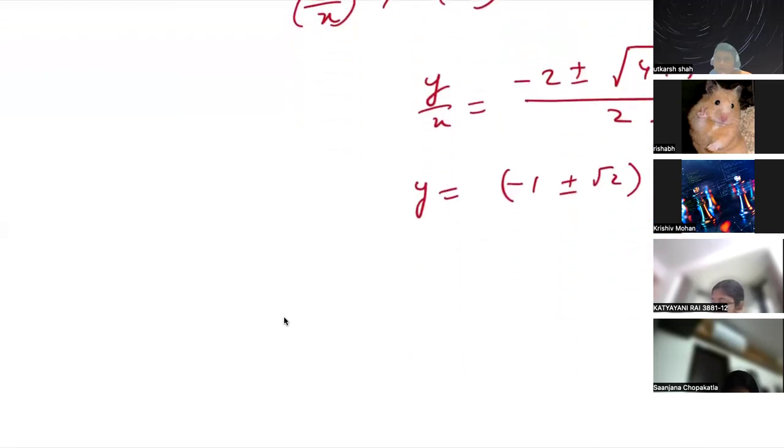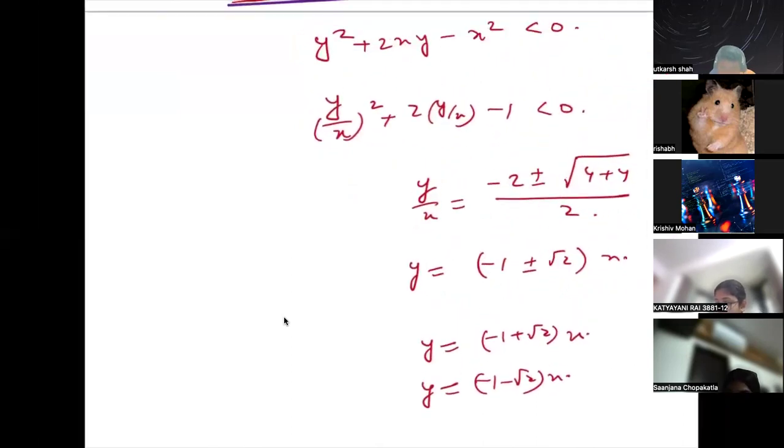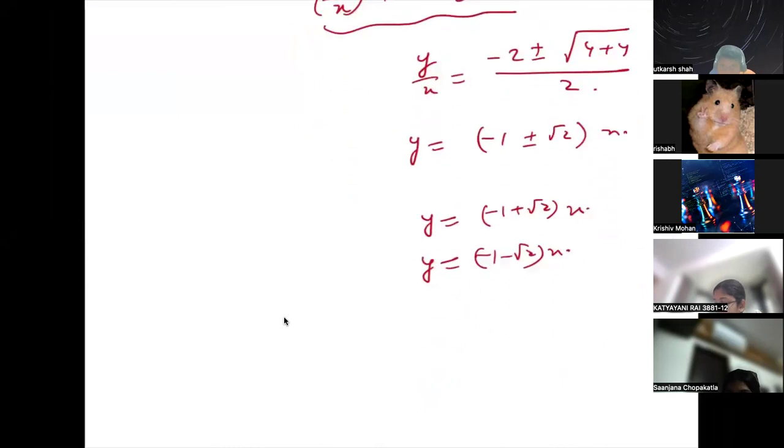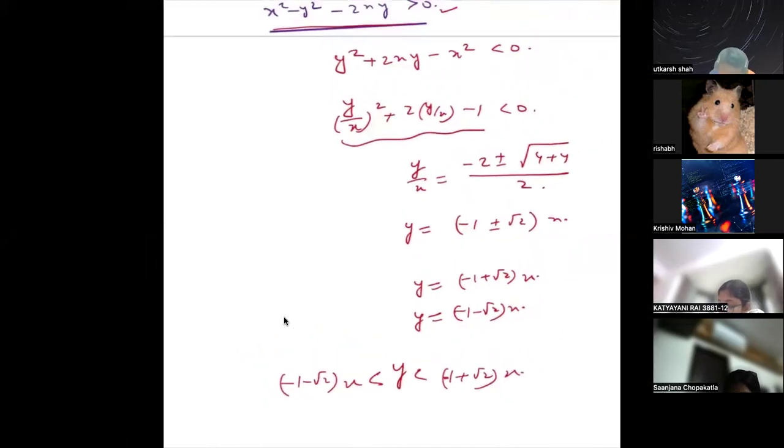But we need this in between. So one is y equals minus 1 plus root 2 into x, and the second is minus 1 minus root 2 into x, right? And since this is less than or equal to, can I say this? Is this okay, everyone?